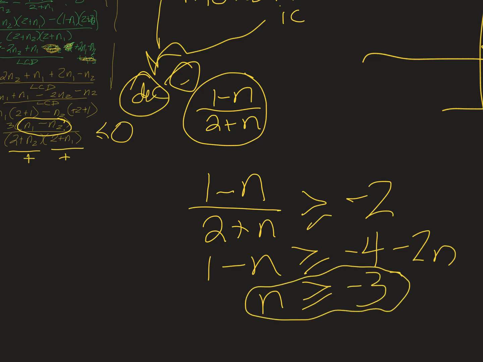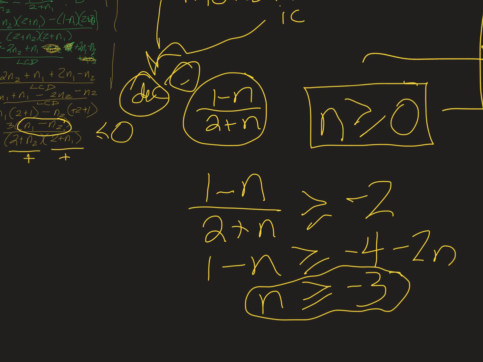Now, remember what we said. N, in our case, is always greater than or equal to 0. That's the assumption. So since we get n is greater than or equal to -3, we know that this function is not only always decreasing, but it's bounded by this number. It's bounded by -2.